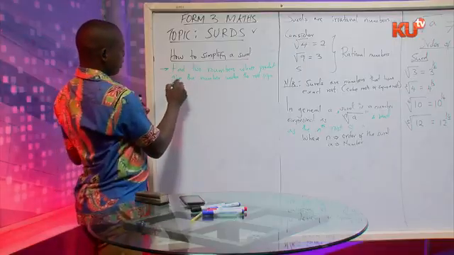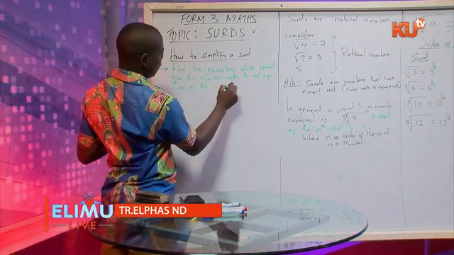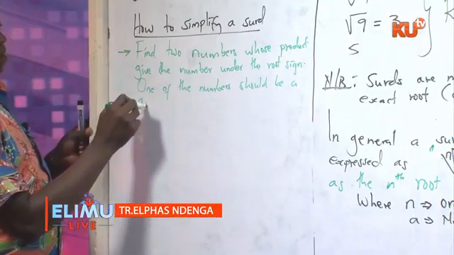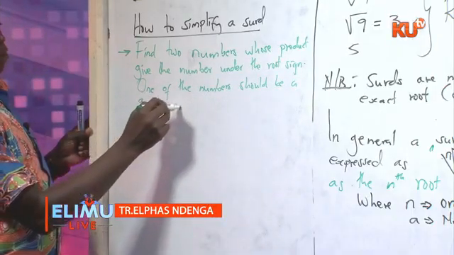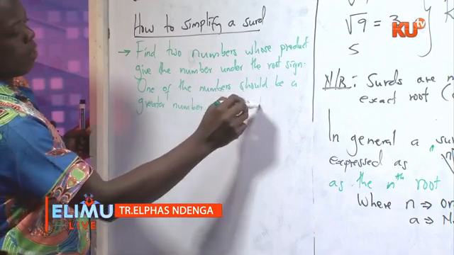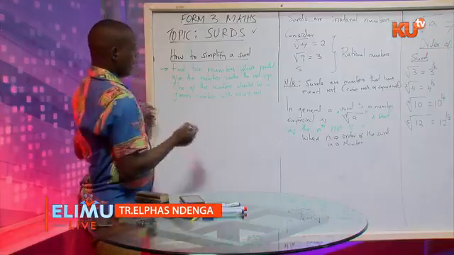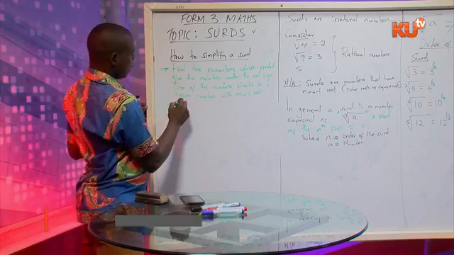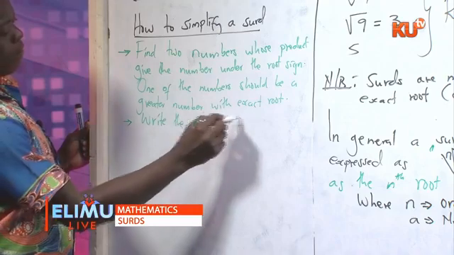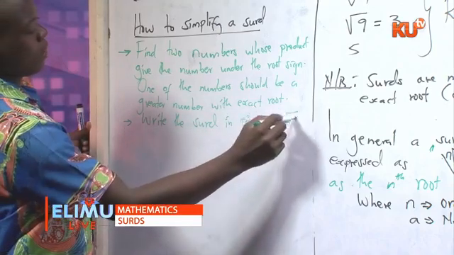And one of the numbers should be a greater number, with exact root. Then once you have that, then you write the surd in the form n root a.